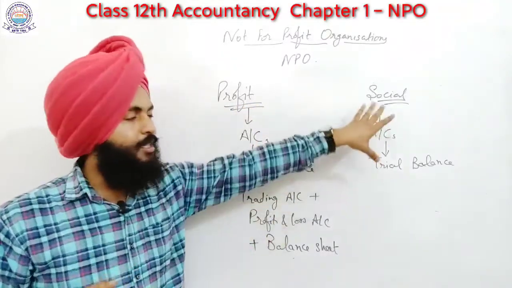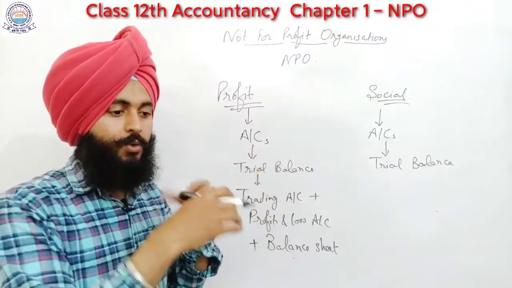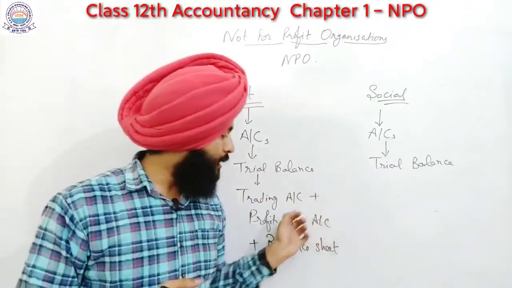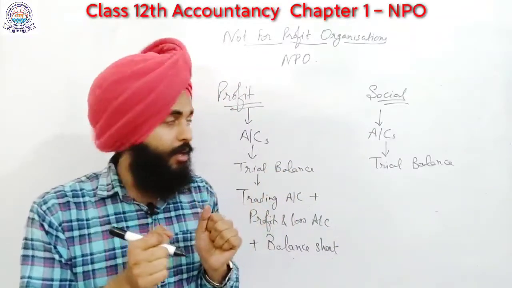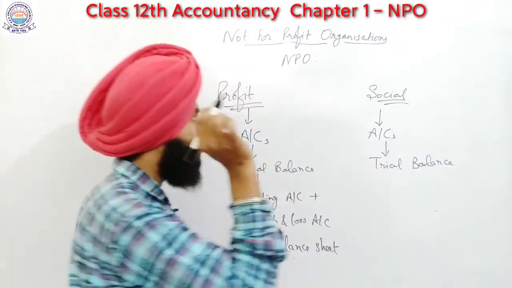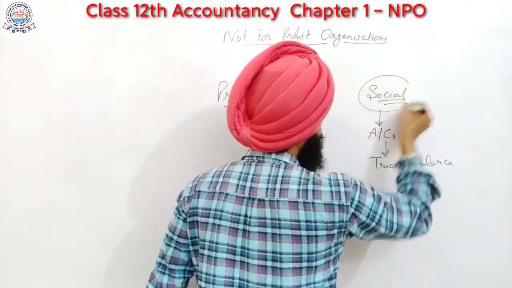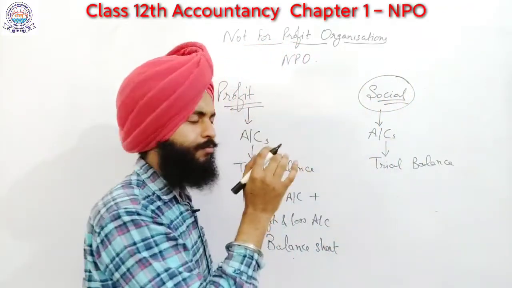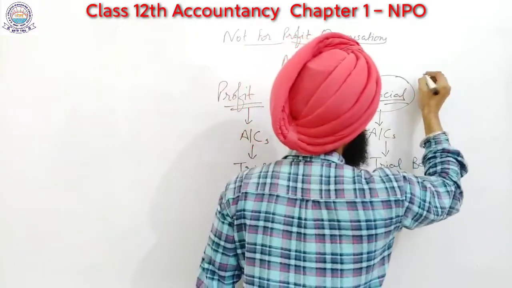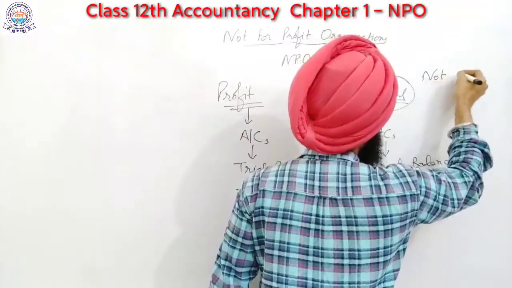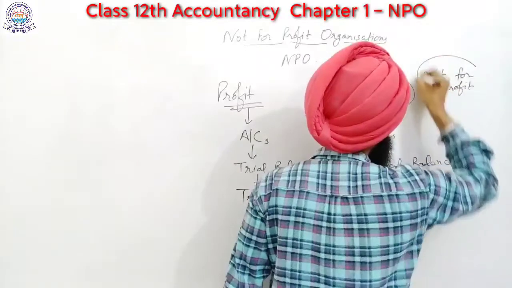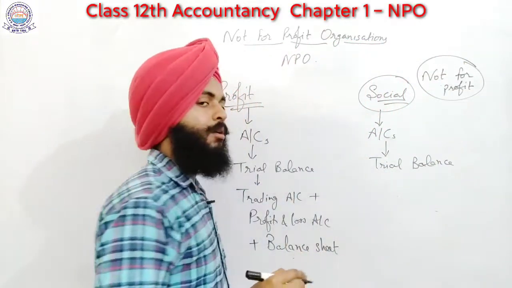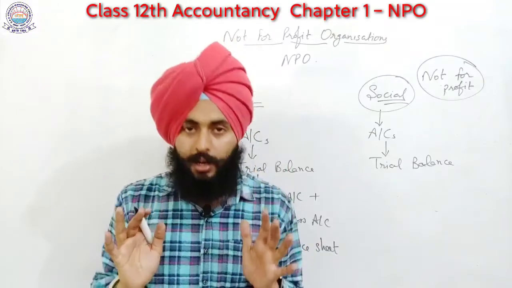But when you are doing social activities, these accounts are not made here. Why? Just because of one thing. Now listen to me carefully. These activities, this work, is specifically done not for profit making. ठीक है जी, प्रॉफिट तो वर्ड यूज ही नहीं करना कहते हैं.